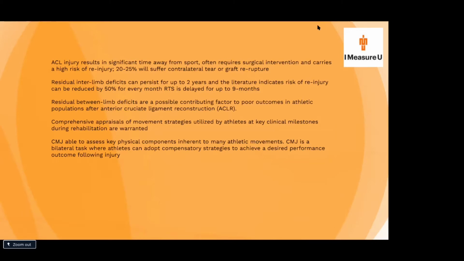Obviously, residual interlimb deficits are a possible contributing factor to poor outcomes in athletic populations. And comprehensive appraisals of movement strategies are warranted during the rehabilitation period and key clinical milestones in particular.